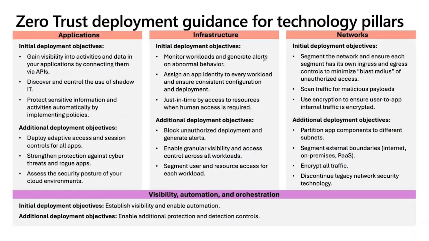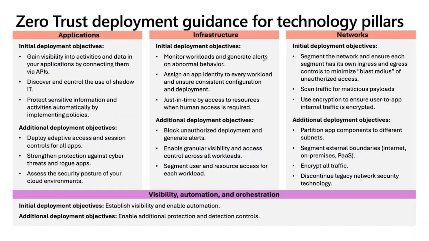Also just-in-time access to resources when human access is required. So different kinds of components we can configure under the infrastructure deployment objective. Also, we can block unauthorized deployment, enable granular visibility, and segment user and resource access for each workload. These are different kinds of considerations that we should keep in mind.